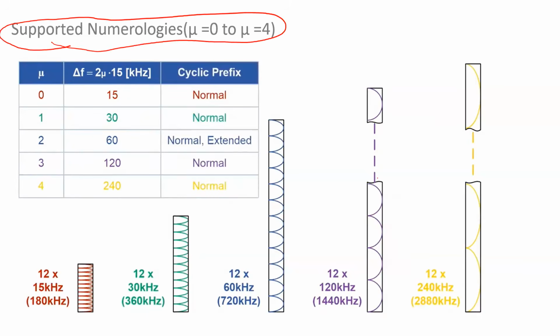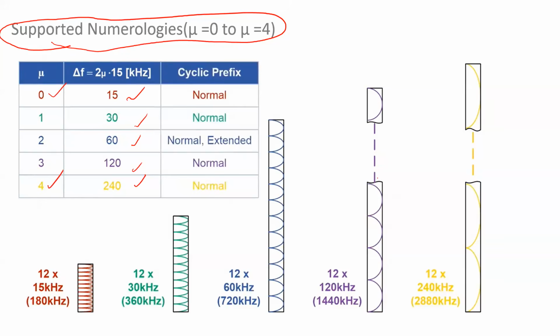Again, what is numerology? So numerology is a set of parameters that is dependent on the subcarrier spacing, which can be 15, 30, 60, 120, or 240. So numerology is effectively an indication of the subcarrier spacing. Currently in 5G, you can have numerology from 0 to 4.